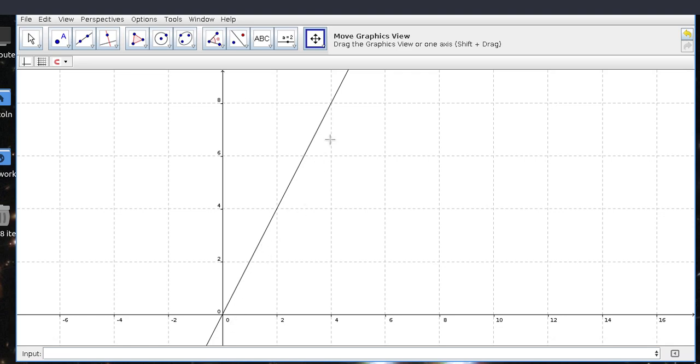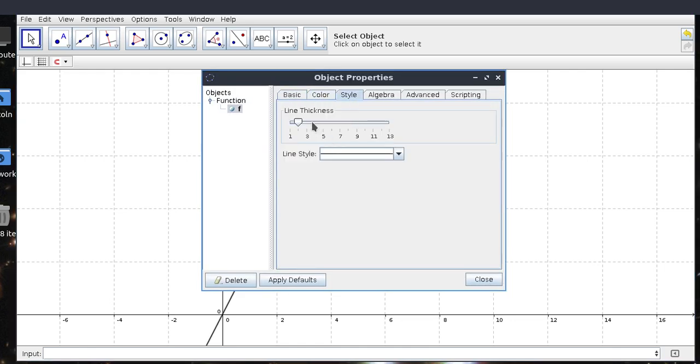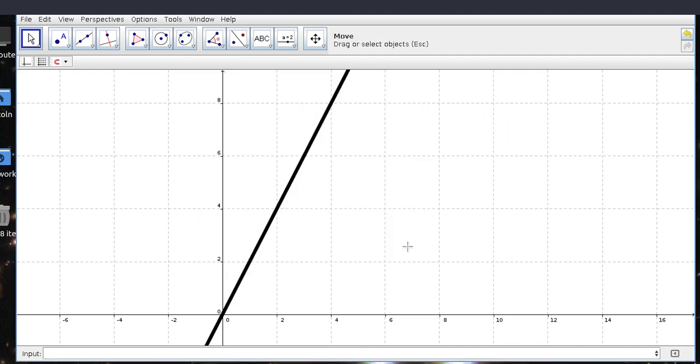So you see that it is a line with the gradient 2. Now let me make the line thicker so we can see it even more clearly.